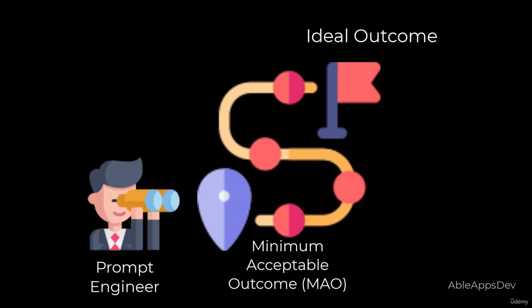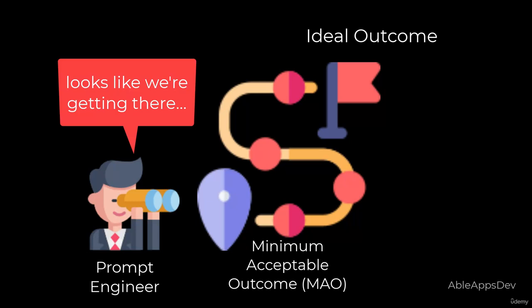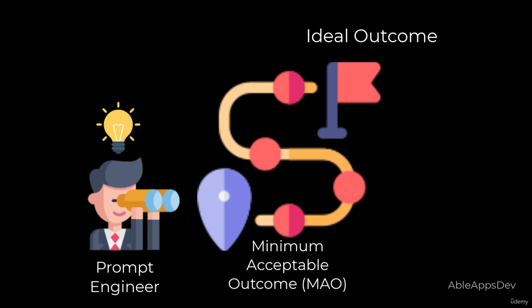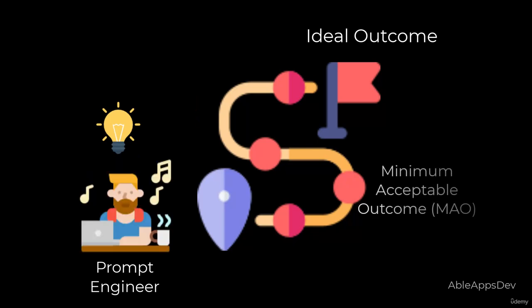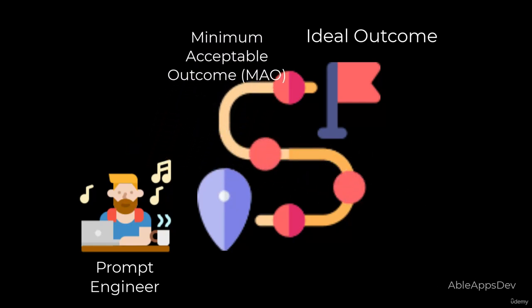The prompt engineer sees how close the prompt engineer is to the MAO. And then based on the measurements, the prompt engineer learns what's working and what's not working. Then another MAO is defined, and the prompt engineer starts trying things again. And then this process goes on and on until the ideal outcome is achieved.